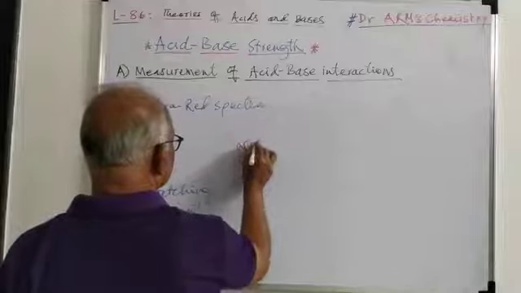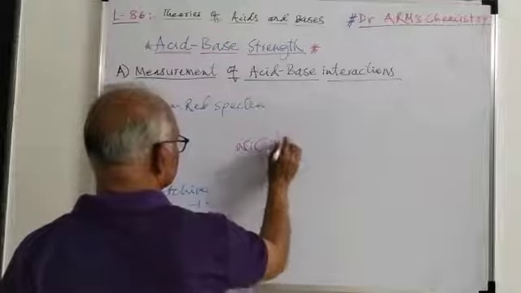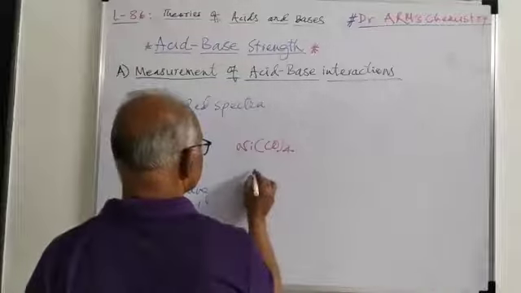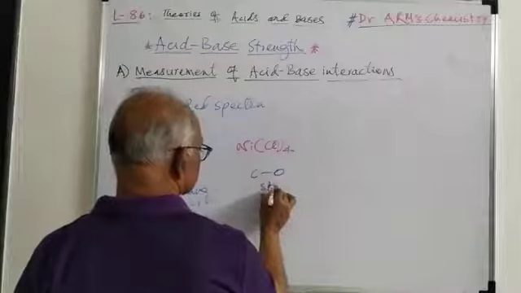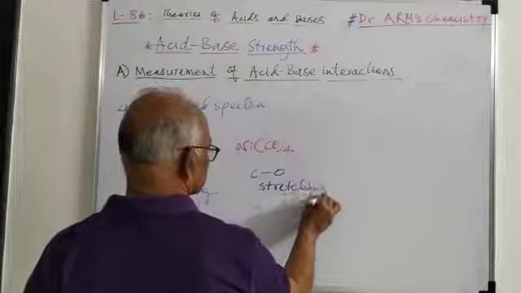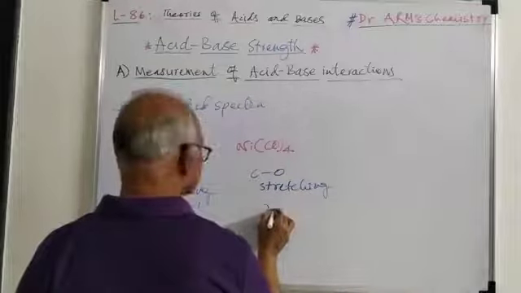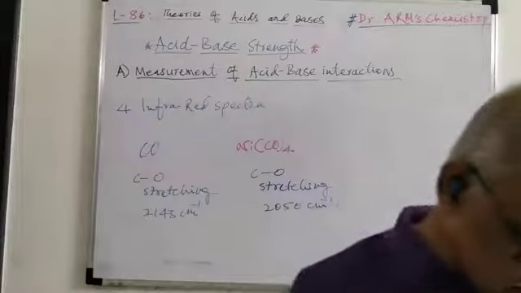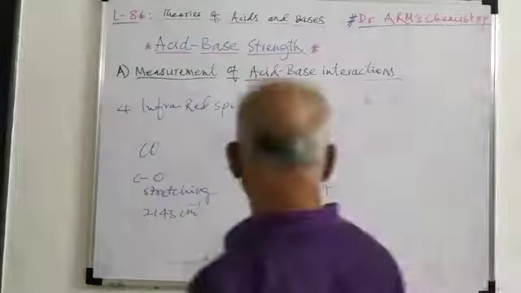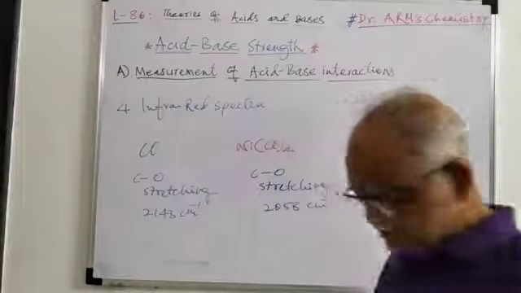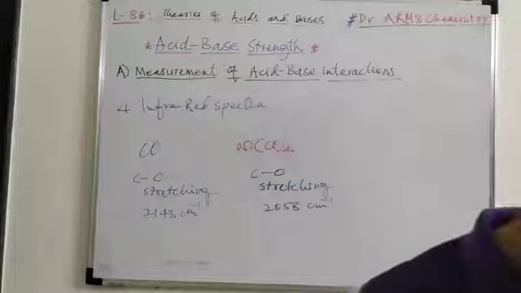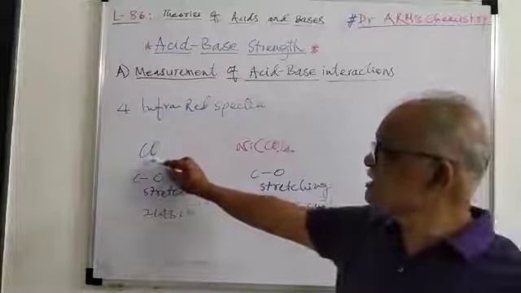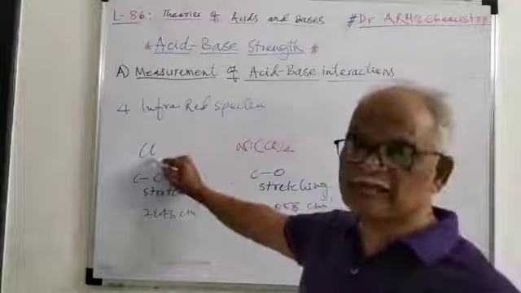If we take another example, NiCO4, here we can have this CO stretching at 2058 per centimeter.